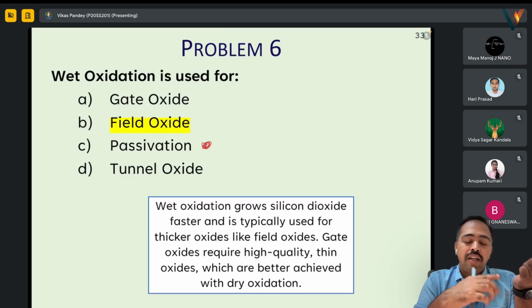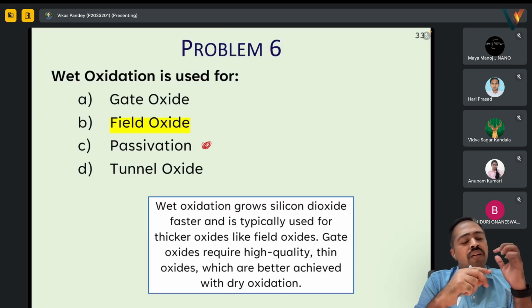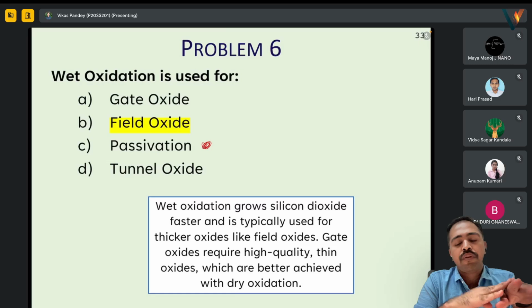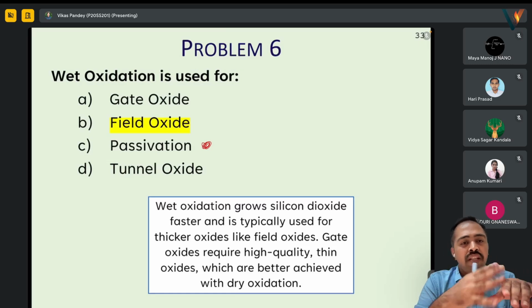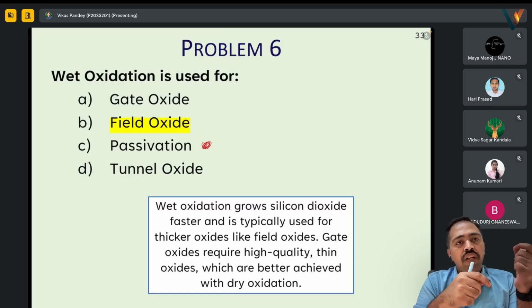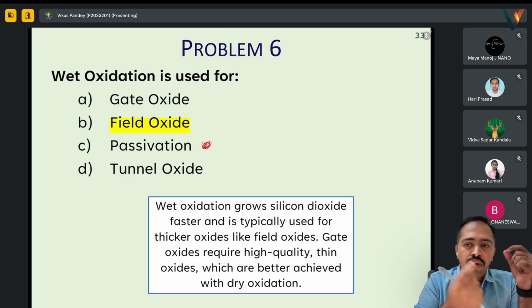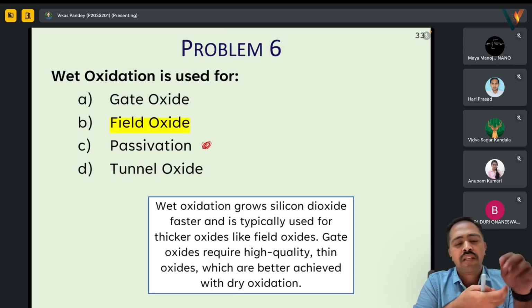Whereas in places where the purpose is protection and we don't need very precise uniformity, we can say that even a lower quality, not very low, but wet oxide, wet oxidation can also work for us.